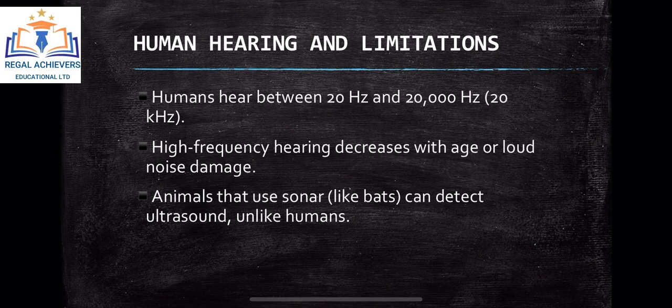The human ear hears between 20 Hz and 20,000 Hz. Okay, that is the range in which we can hear a sound. High frequency hearing decreases with age or loud noise damage. That means it's not going to be at that frequency forever. As you grow old, it keeps reducing. Animals that use sonar, like bats, can detect ultrasound, unlike humans.